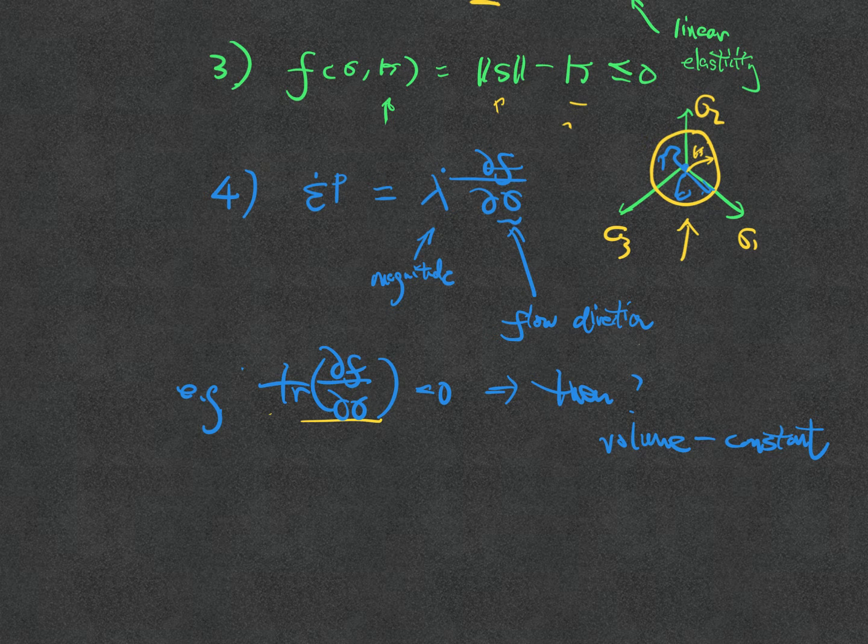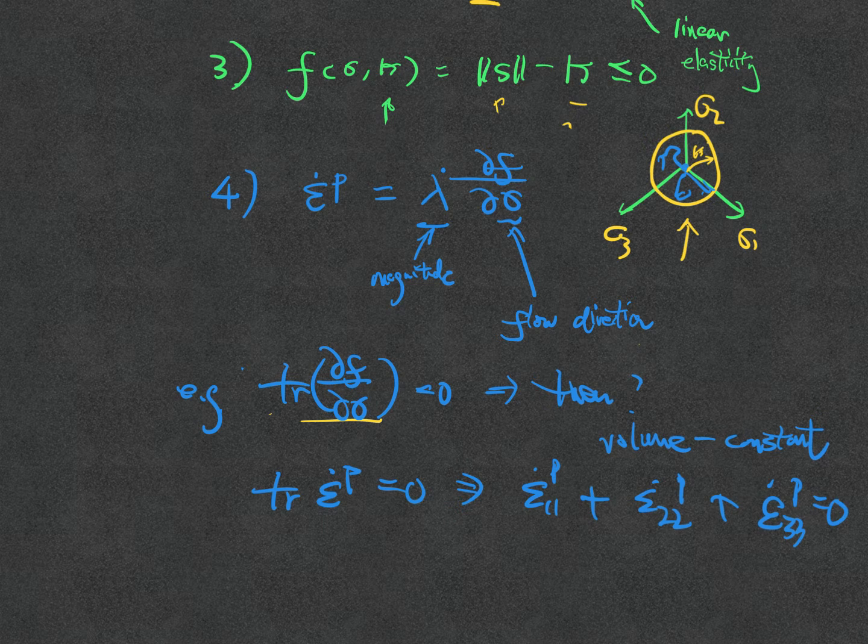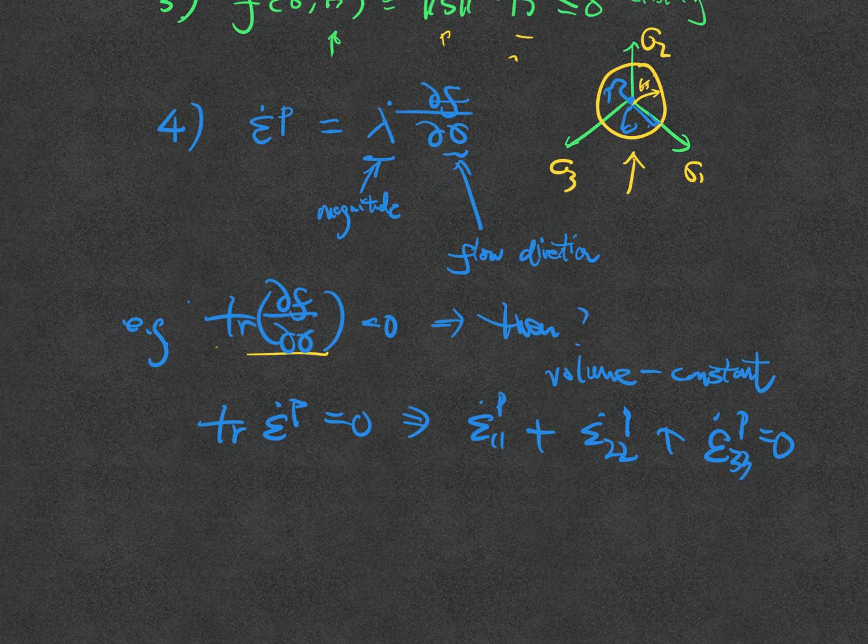Okay, why is the volume constant? Because lambda is a scalar, right? So if the trace of the stress gradient is equal to 0, that means the trace of the plastic strain rate is also equal to 0. So if the trace of the plastic strain rate is equal to 0, what it means is that ε̇_11^p plus ε̇_22^p plus ε̇_33^p is equal to 0. Why is the volume constant?